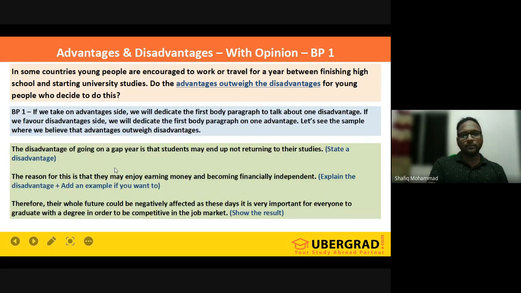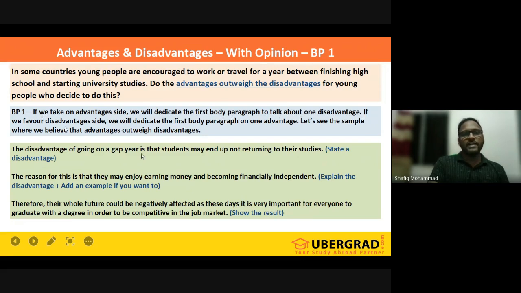Then, the disadvantage of going on a gap year is that students may end up not returning to their studies. So here, state a disadvantage, then the reason. Body paragraph 1: if we take the advantages side, we will dedicate the first body paragraph to talk about one disadvantage.